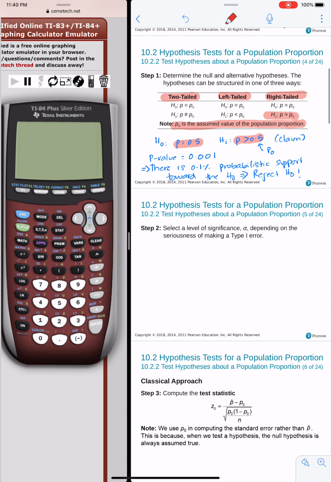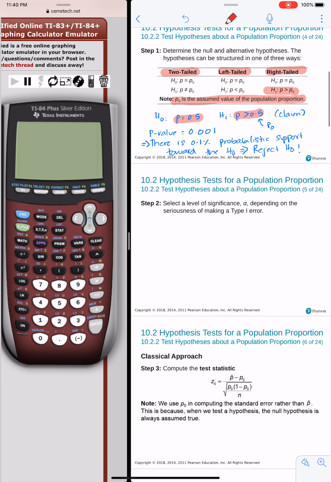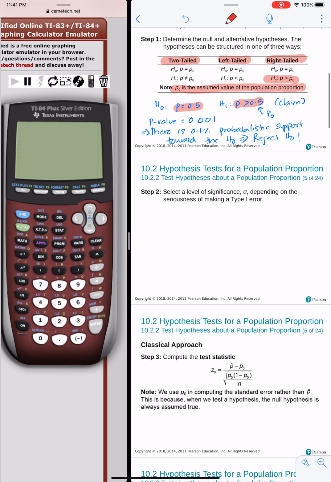Once we define, the next step would be to give a level of significance against which we are going to conduct this test. Keep in mind, alpha is the type 1 error. So we are fixing the type 1 error.